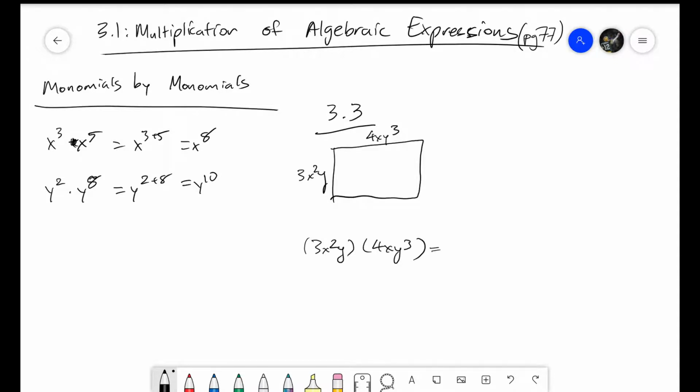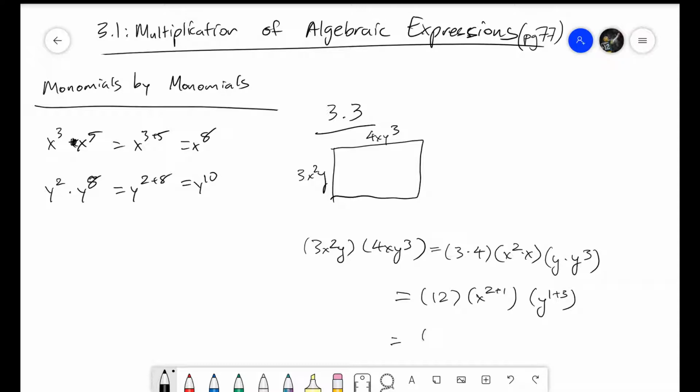That's equal to 3 times 4 times x squared times x times y cubed, which is equal to 12 times x to the 2 plus 1 times y to the 1 plus 3, which is equal to 12x cubed y to the fourth.